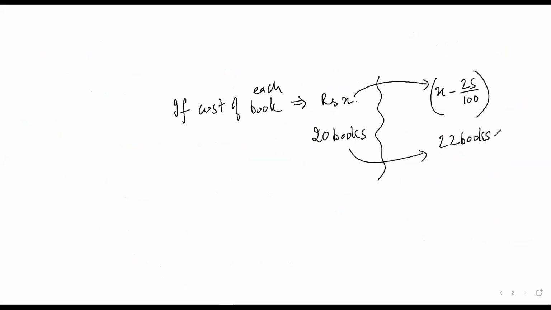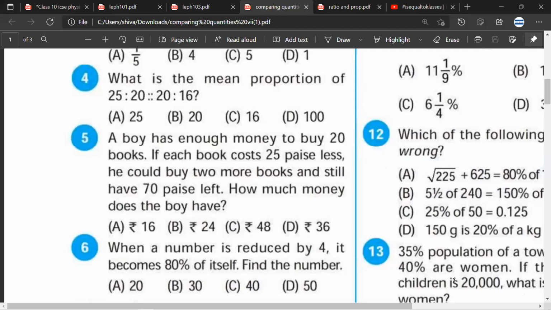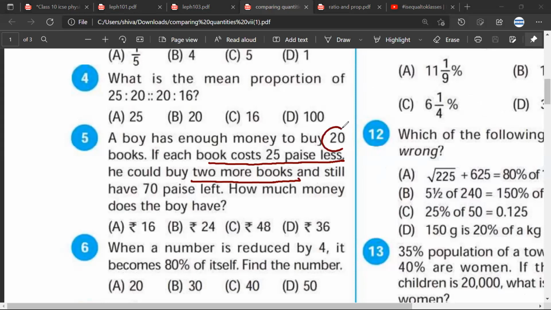So this is what the writer has made the problem to be: if you reduce the price of each book, you will be able to buy 2 more books. That is, from 20, you will be able to buy 22 books. But then he says, and still have 70 paise left.